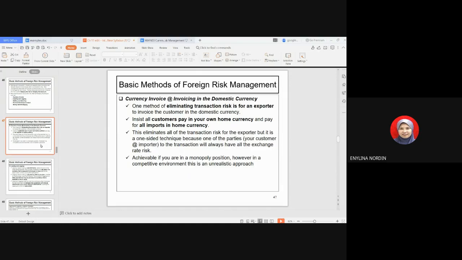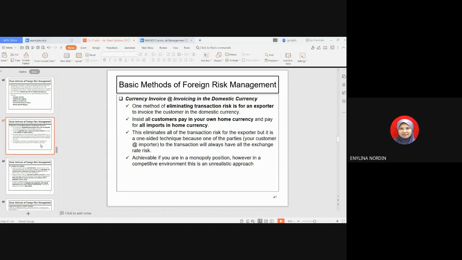So the goal of the currency invoice strategy is only achievable if the company is in a monopoly position, and not in a competitive market. It's not effective if the company has competitors in the market, because these foreign customers and suppliers are no longer interested in doing business with our company, and they will go to the competitors, in other words.